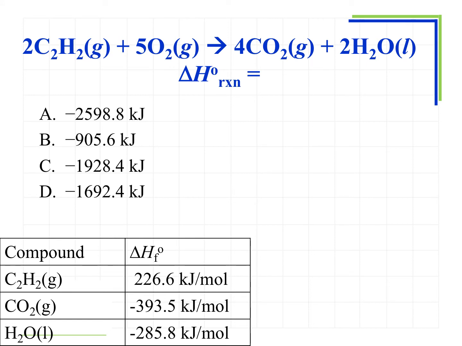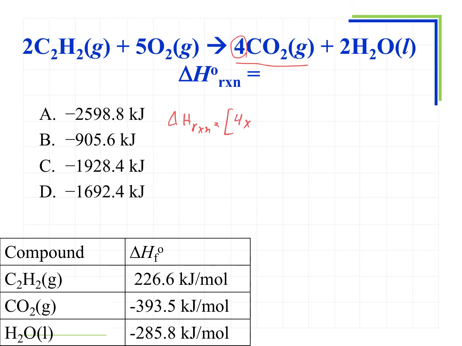So the delta H of reaction is the sum of delta H of formation of products. In the products I have CO2 and I have 4 moles. So that's n and m, which we talked about in the previous slides. These are the coefficients.